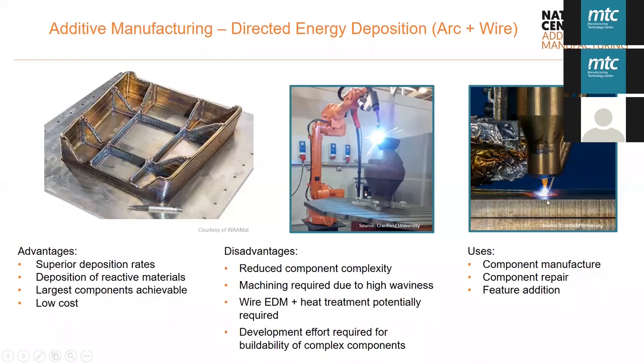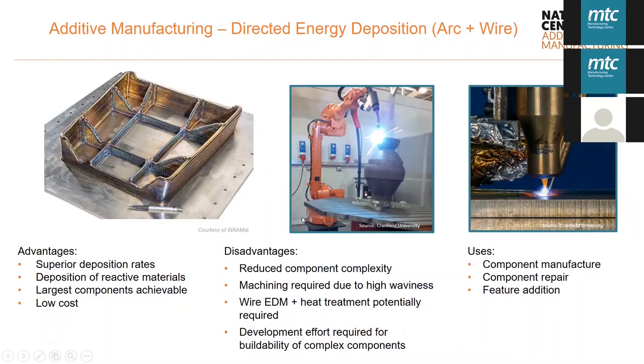And again, some of the largest components are achievable with this process, just because of the deposition rates and the actual system itself. It's more driven towards a gantry and a robot system, whereas blown powder is usually situated in a CNC machine system. It's also fairly low cost to implement and to integrate the different bits of kit required for this process.